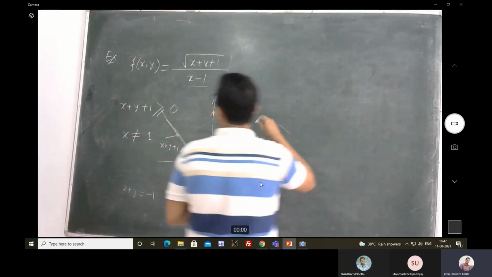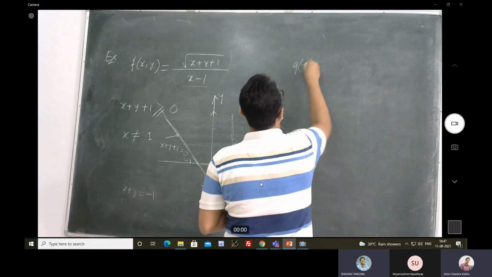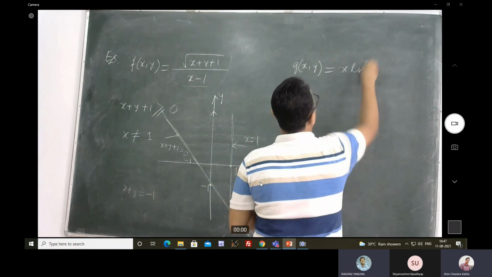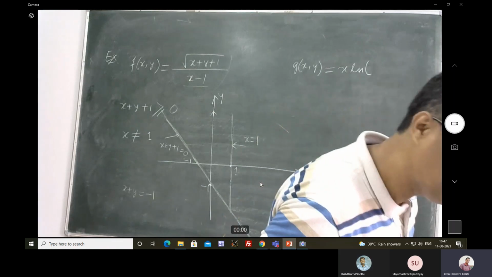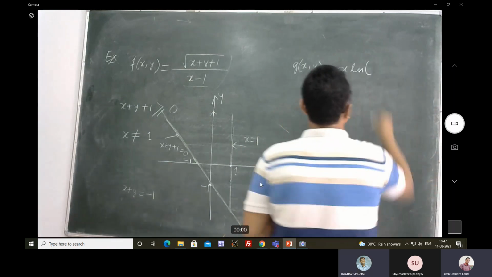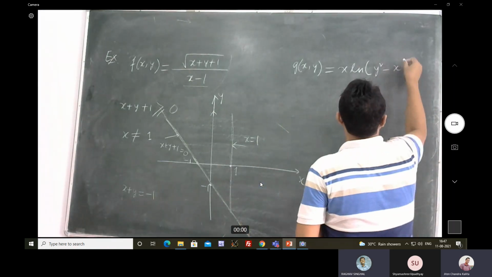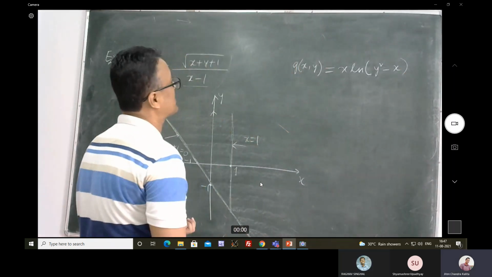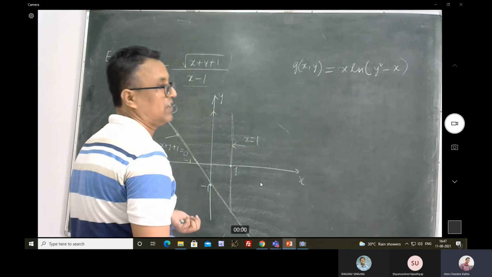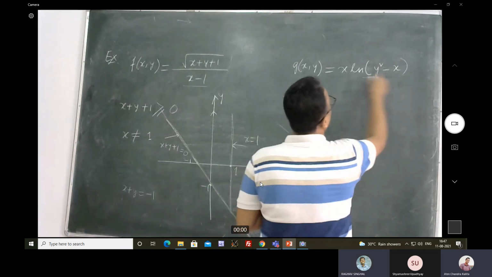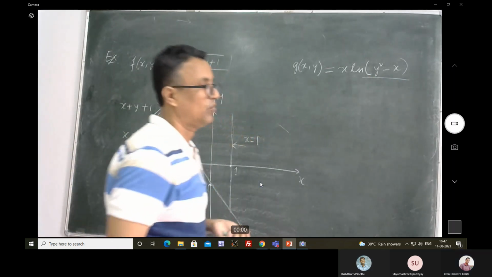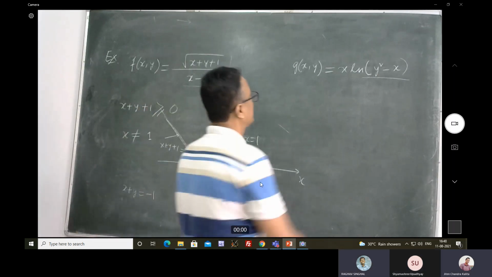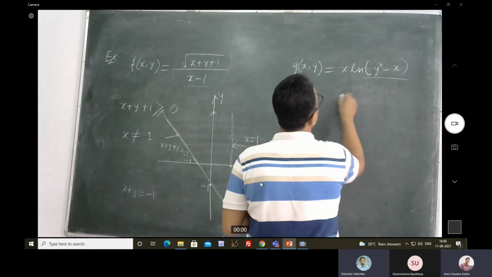And what was the second function given? g of x, y, I think it was square root of y square minus x. Obviously, in order to define the second function, what must this be? Non-negative.